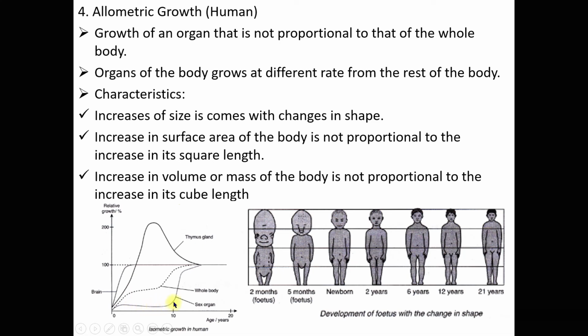But at 10, 11 years and above, you can see the sex organ grows rapidly, which later indicates puberty. The same goes for the thymus gland. If you compare with the brain, the brain has rapid growth until maybe the first 3 years. But the thymus gland continues to grow rapidly until the age of maybe 5.